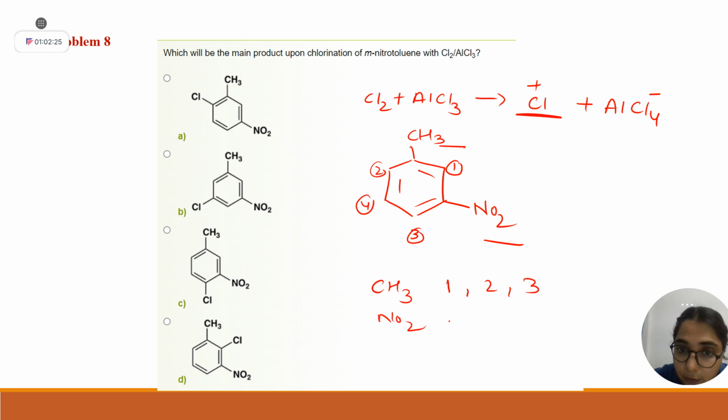According to the nitro group, you can place the electrophile only at which position? As per nitro dominance, as per the nitro directing group, where will it direct the incoming electrophile? Four. Very good answer.